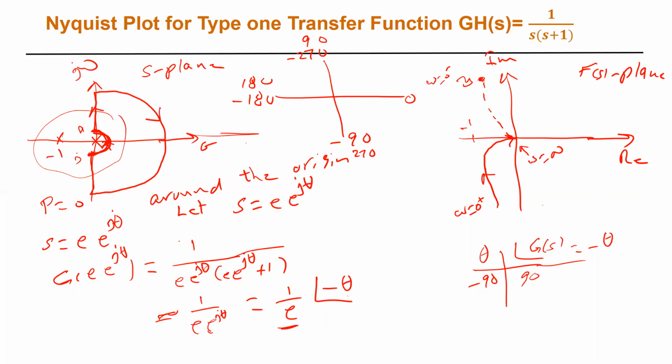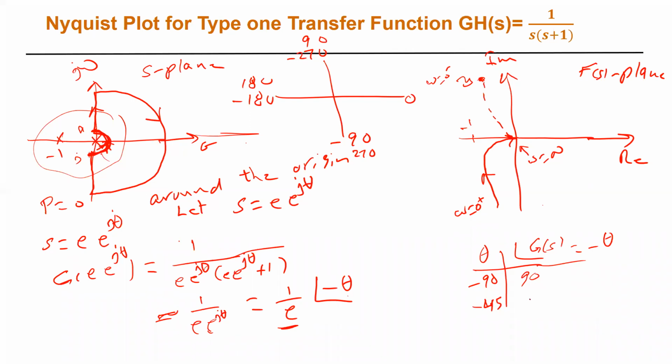So now, if I am at minus 90, the angle will be 90, which is here. Suppose I move along this direction and I reach the middle. What will be the angle? Halfway, minus 45.